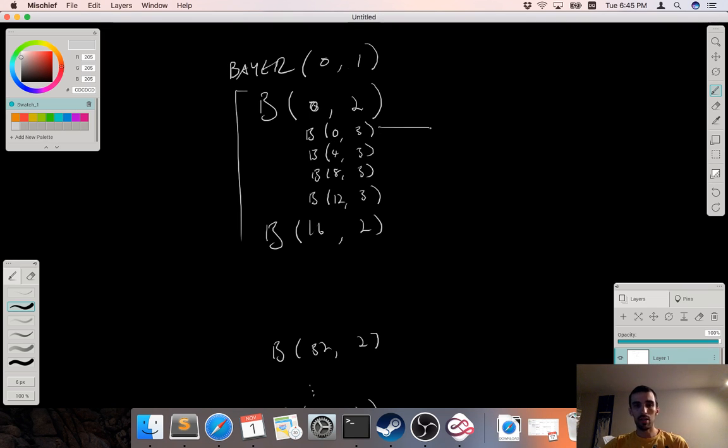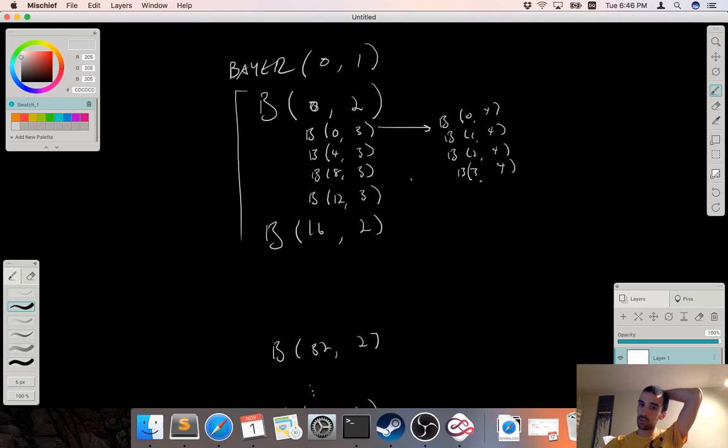And then right here, this is going to call B0, 4, and then B1, 4, and then B2, 4, and then B3, 4. And that's how it'll know it'll be done, because its stride here is 1. So that means it can stop recursing.